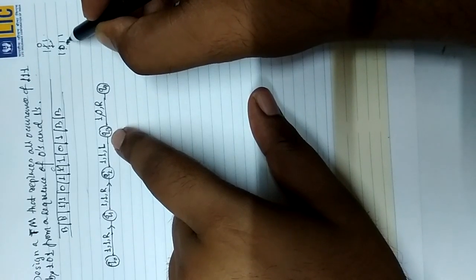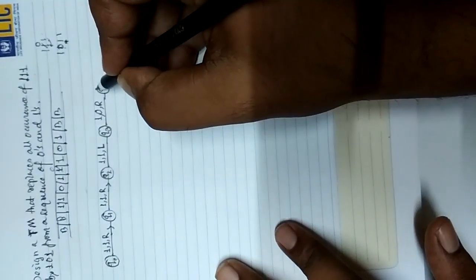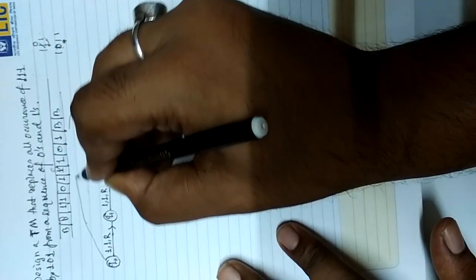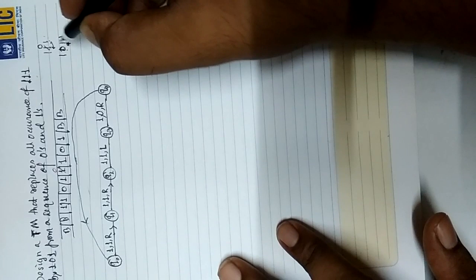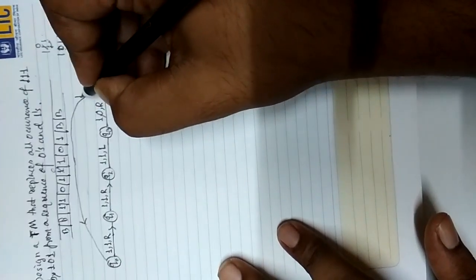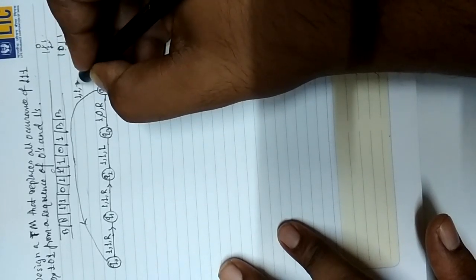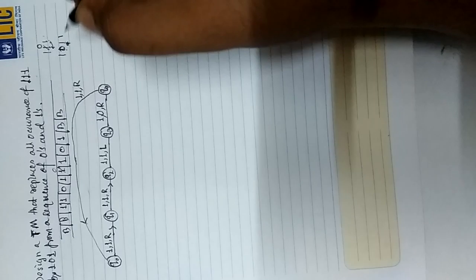You are now reading this, and after that you go again to the q1 state. I represent this way: you are reading this 1 by 1 and you are ready for moving to the right.